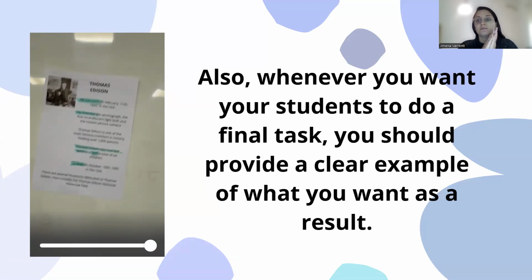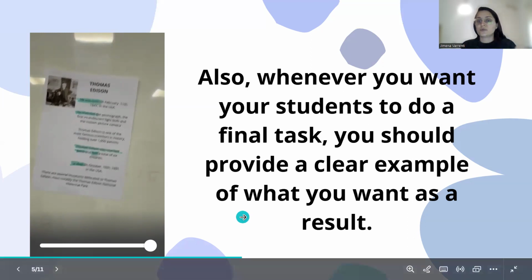5 or 6 clear pieces of information like where and when he was born, or actually he or she, sorry. So where and when they were born, what they invented or discovered, if they got married, if they had children, when and where they died, and then they had to include an interesting fact about the life of the inventor, creator, or whatever.